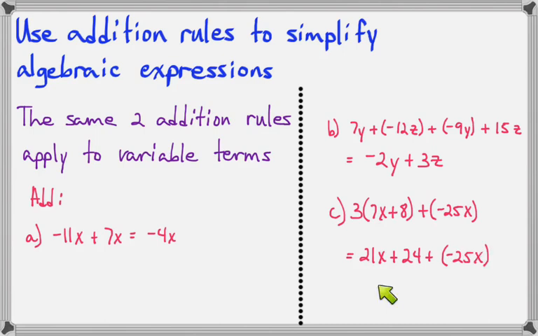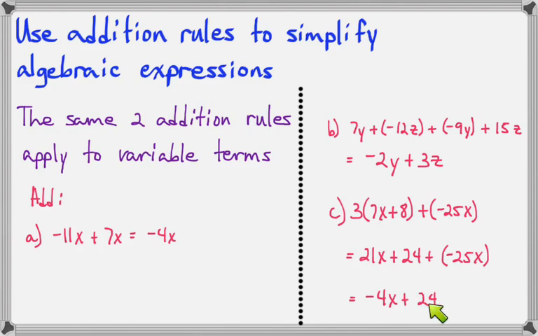Now that my distribution is done, I'm ready to start combining the like terms. And I've got 21x plus negative 25x. The difference between 21 and 25 is 4, and the larger number has a negative, so it'll be negative 4x. And then we've still got this plus 24.